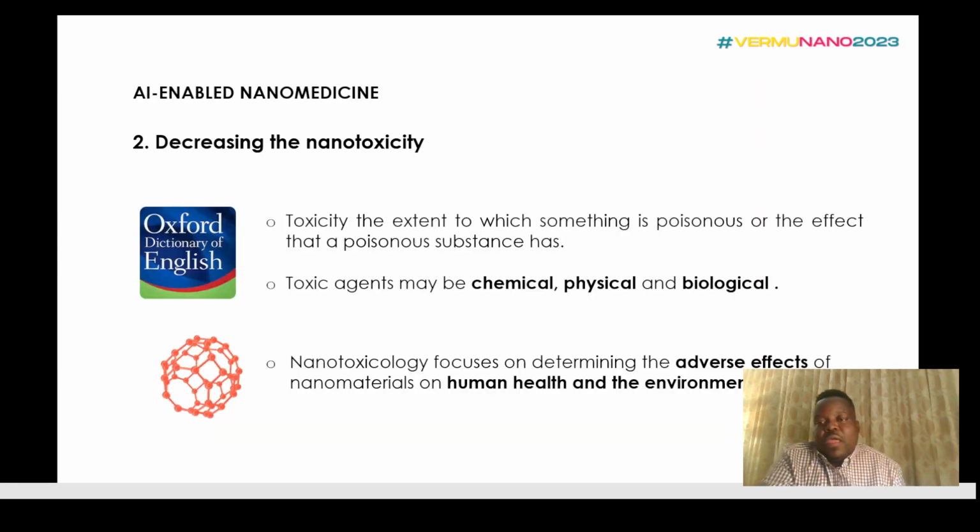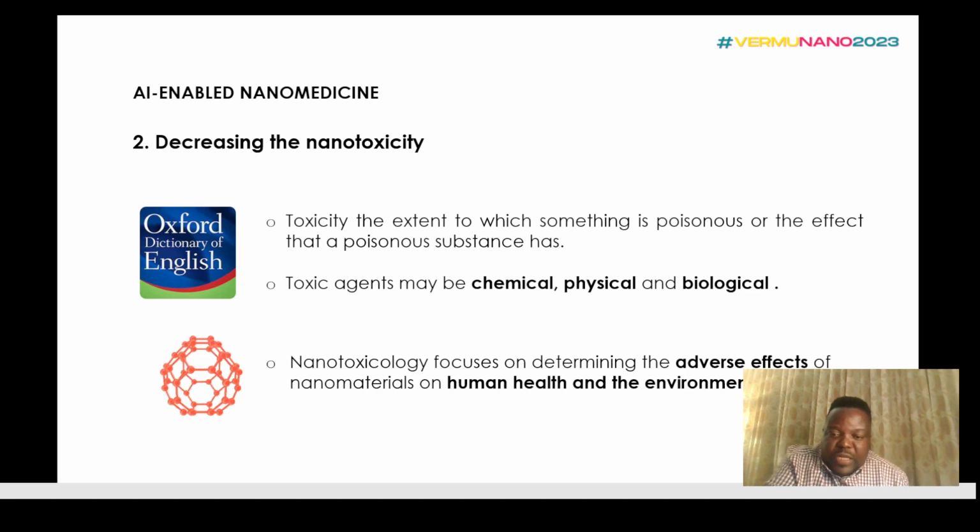The next part I'm going to talk about is one of the important things, which is AI-enabled nanomedicine to decrease toxicity, nanotoxicity. I tried to research the definition according to the Oxford Dictionary. Toxicity is the extent to which something is poisonous, or the effect that poisonous substance has.